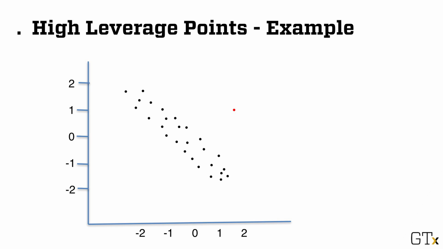So, we have this point at 1.5 and 1, which is within the range of x1 and x2, which both have a range of -2 to +2, and here is this point which I have shown in red, which is outside the other sets of points, and this particular point could have high leverage.